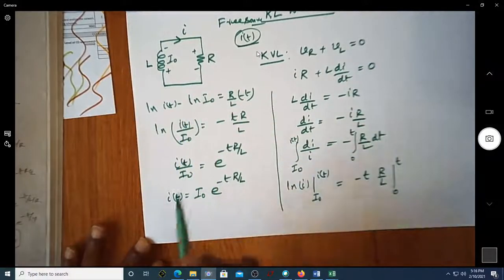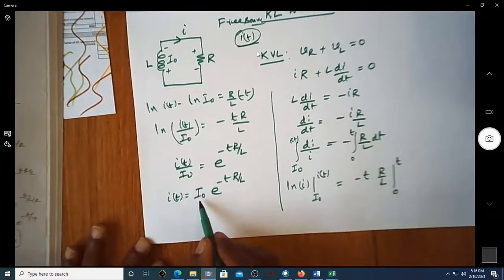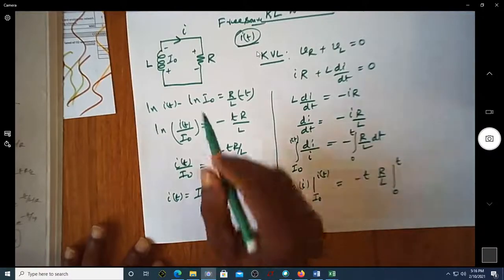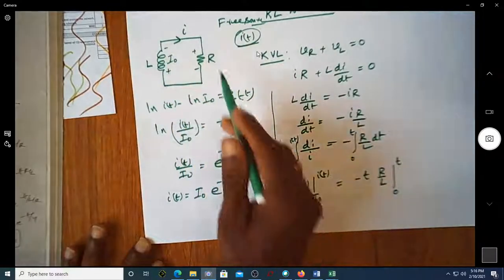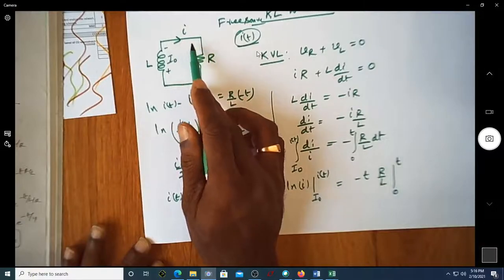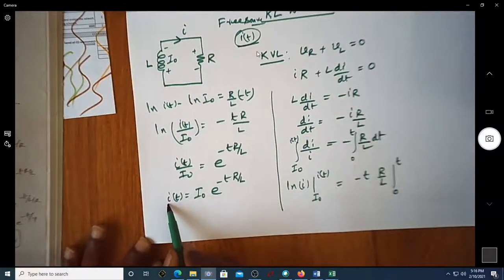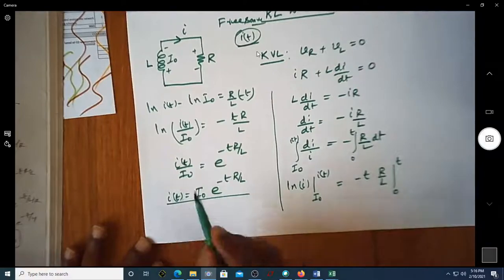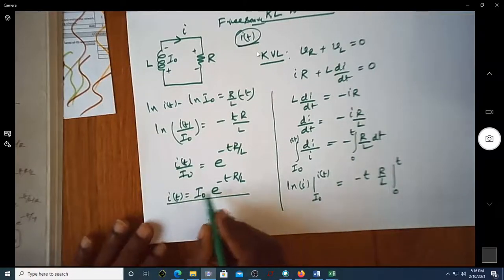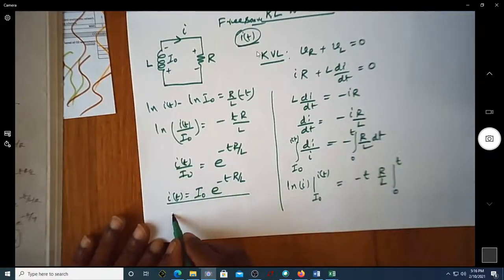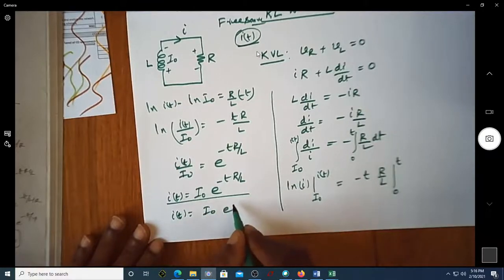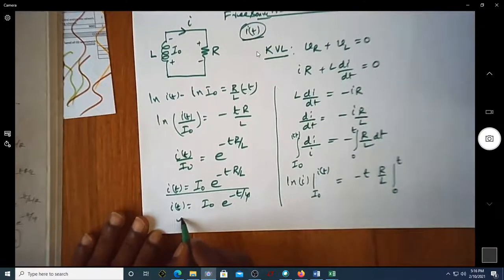So for this source free RL network, assuming a current of I naught initially stored in this inductor, as soon as I connect a resistor to it, this is the expression for I of t at any given time t. I can also write this in the form I of t is equal to I naught e power minus t by tau, where tau is the time constant.